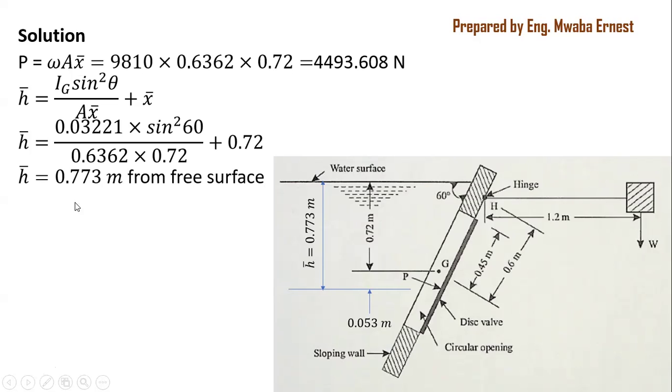Therefore, our answer comes out as h bar equal to 0.773 meters. So this is the distance from your free surface up to where P is acting.